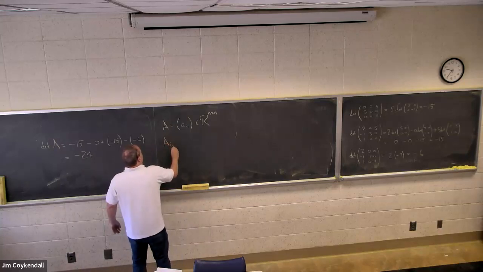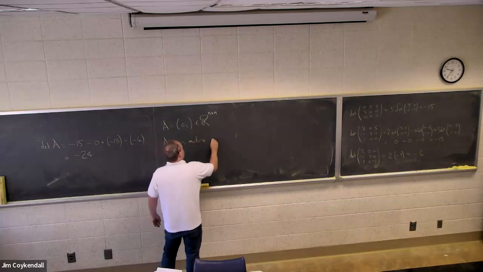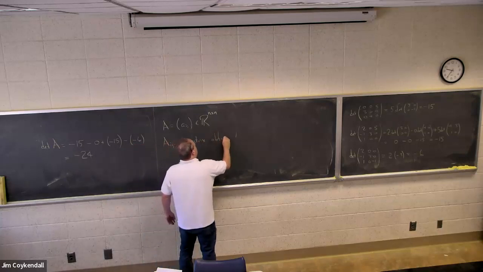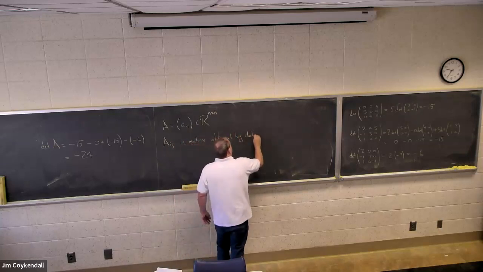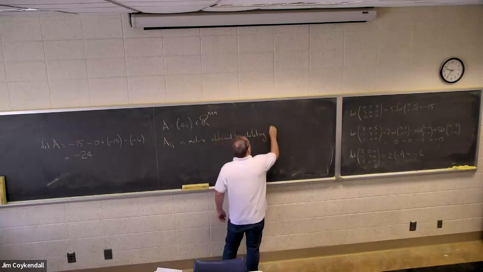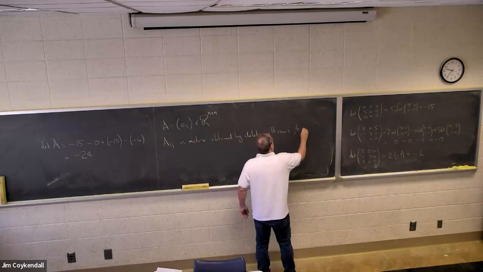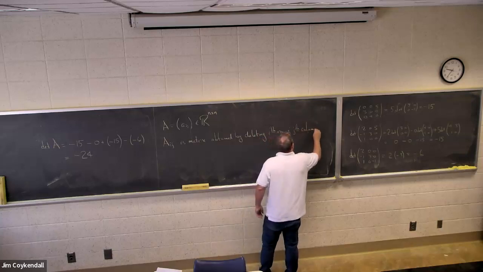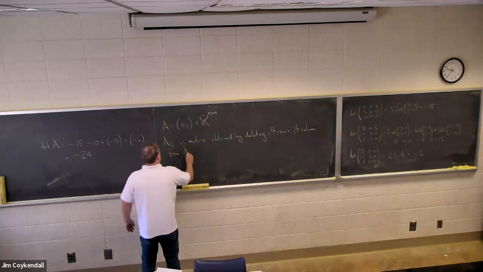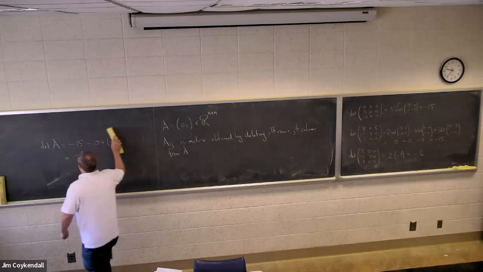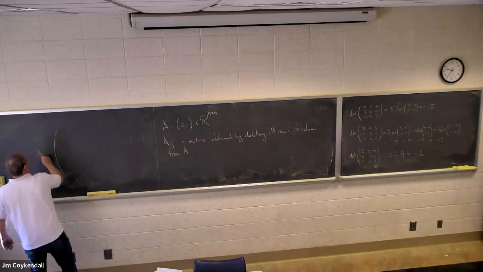A_ij is the matrix obtained by deleting the i-th row and j-th column. So sort of here's your A.